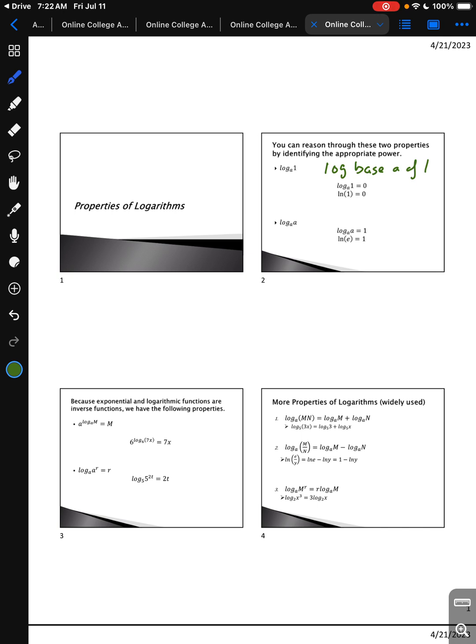And this next one is read log base a of a. So log base a of 1 is equal to 0, and the natural log of 1 is equal to 0. If I have log base a of a, that is equal to 1, and ln of e is equal to 1. So the ln and e are inverses.